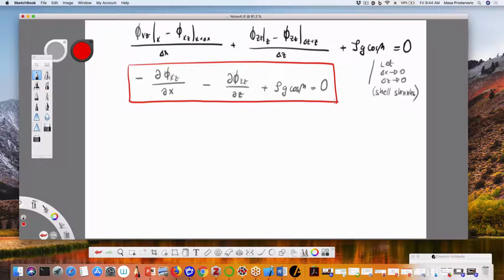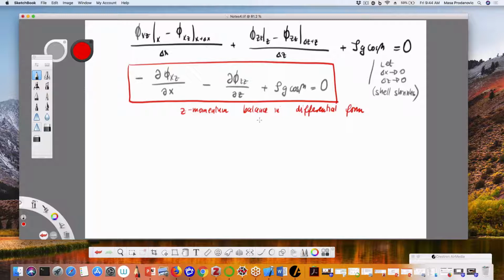This is my Z momentum balance in differential form. It's valid at any inner point of the fluid.